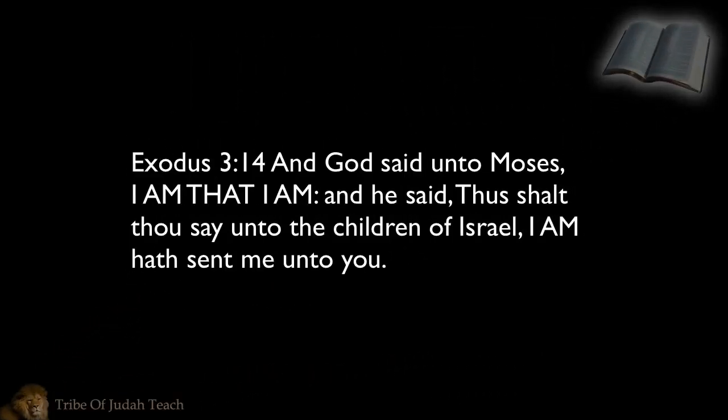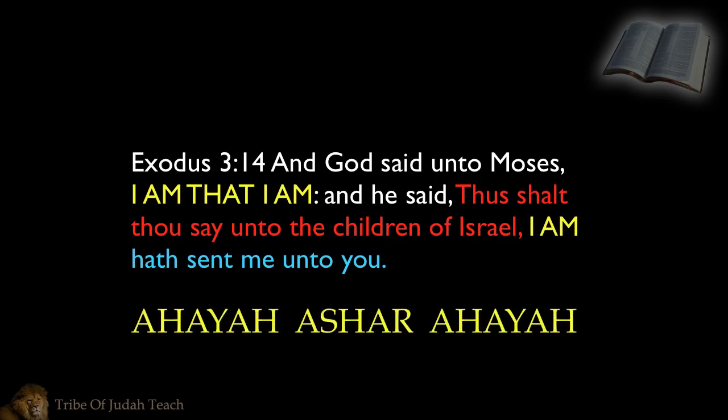And God said unto Moses, I am that I am. Meaning there are no words that fully describe me. You can't explain me. I just am. That's why he said, thus shalt thou say unto the children of Israel, I am, have sent me unto you. Now in the Hebrew, I am is translated as Ehyeh Asher Ehyeh.